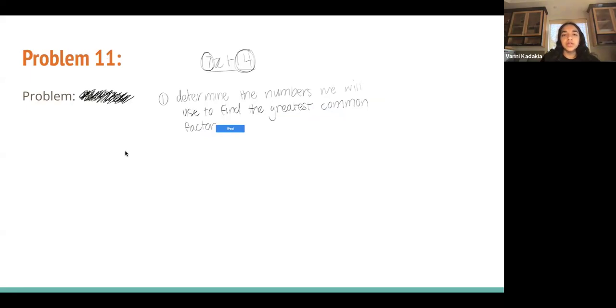So if we look at our expression, we want to find the greatest common factor between the number in front of the x and this other number that does not have an x.